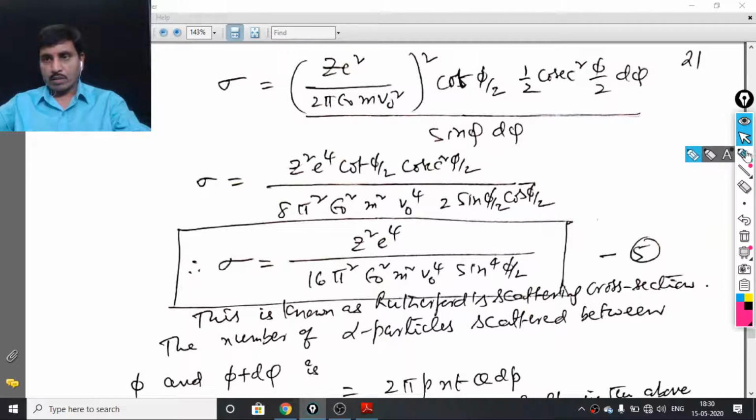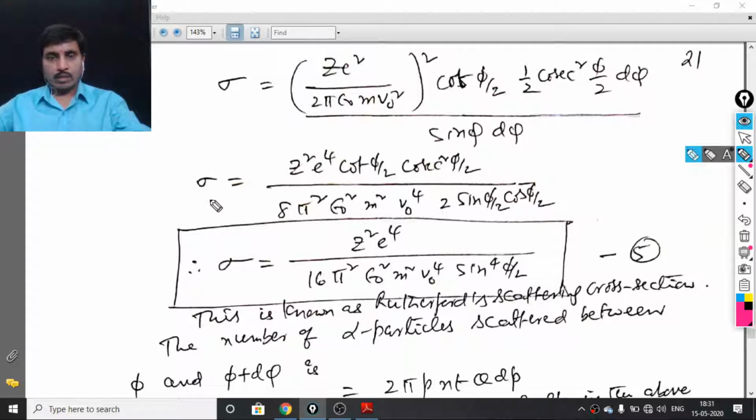sigma is equal to z square by 2 pi epsilon 0 mv0 square whole square into cot phi by 2 into half cosecant square phi by 2 d phi by sin phi d phi. In this expression, sin phi can be expanded as 2 sin phi by 2 cos phi by 2.